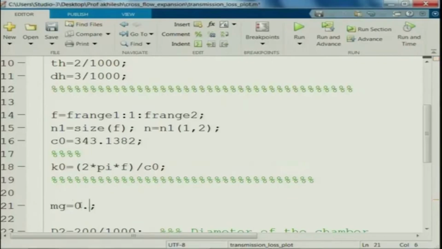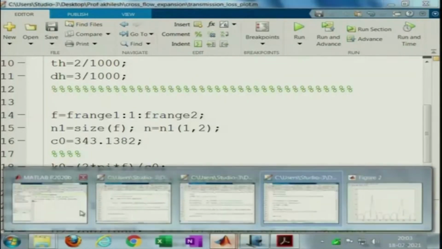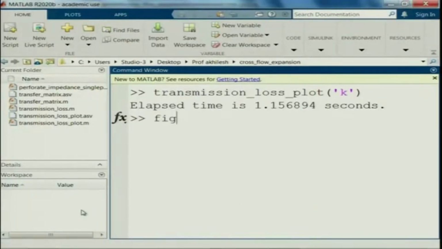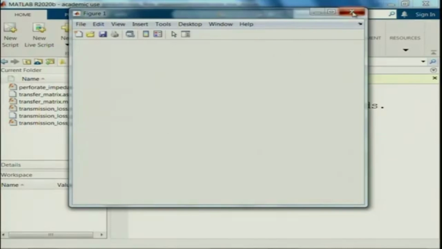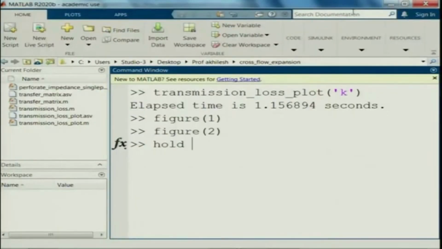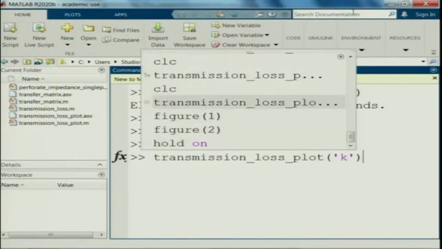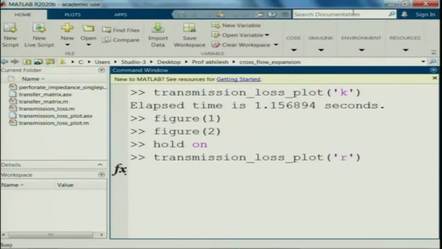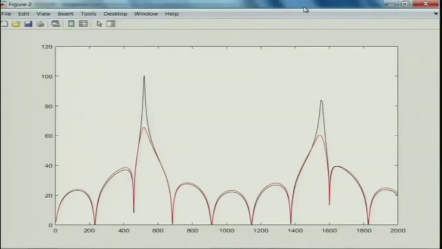Now, if I were to increase the grazing flow, let us say we take 0.1, and let us say we do figure 1, which pops up, I am sorry, figure 2 is what I called. We will say hold on. So it plots, next time it plots on this graph. Okay.